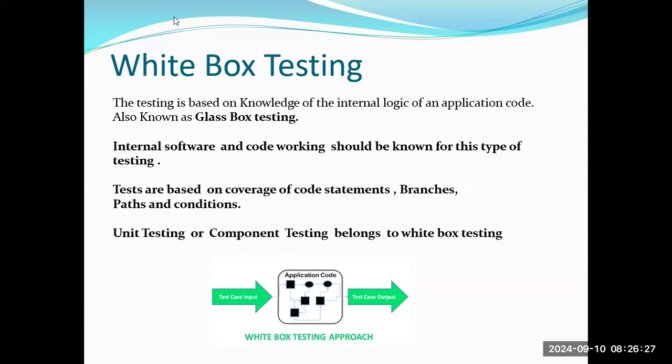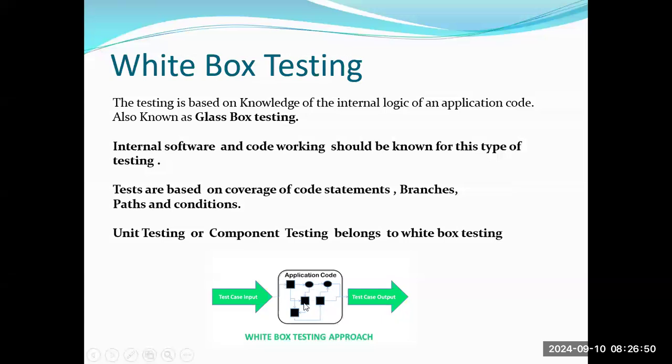Obviously, the application logic and application code are known by the developer, so the developer will do unit testing. We can call this unit testing or component testing. Unit testing or component testing belongs to white box testing. Why do they call it a white box? Because I'm able to see the code.